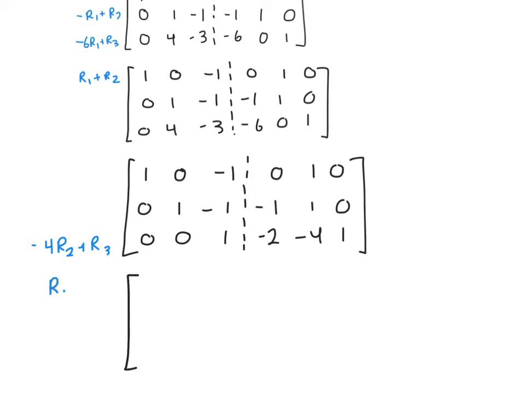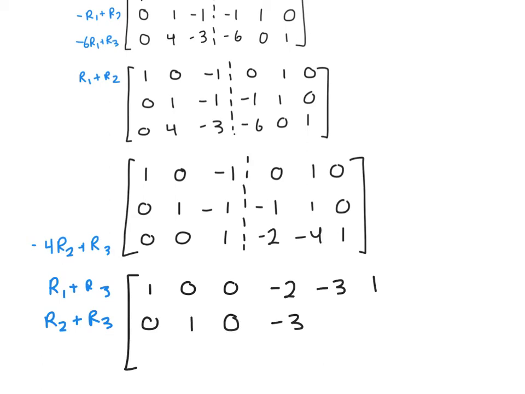So I'm going to do R1 plus R3 and R2 plus R3. And I'm going to replace both of those, so we should get 1, 0, 0, -2, -3, 1, and 0, 1, 0, -3, -3, 1. And our bottom row was already fixed.